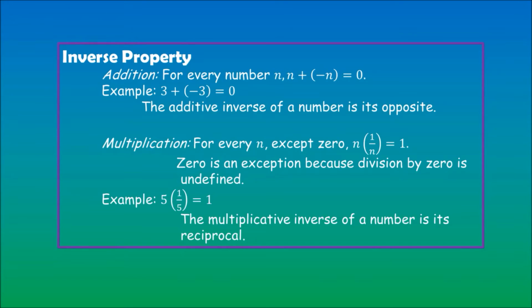Next, for multiplication, for every n except 0, n times 1 over n equals 1. 0 is an exemption because division by 0 is undefined. For example, 5 times 1 over 5 equals 1. So the multiplicative inverse of a number is its reciprocal.